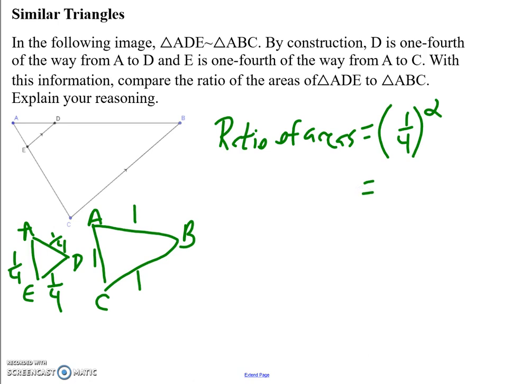So I would say that that is 1 squared to 4 squared, which would be 1/16. What that means is if I've created 16 of these little triangles the size of ADE, they would fit inside the larger triangle of ABC. So that's the difference between scale factor of a side versus scale factor of the area.